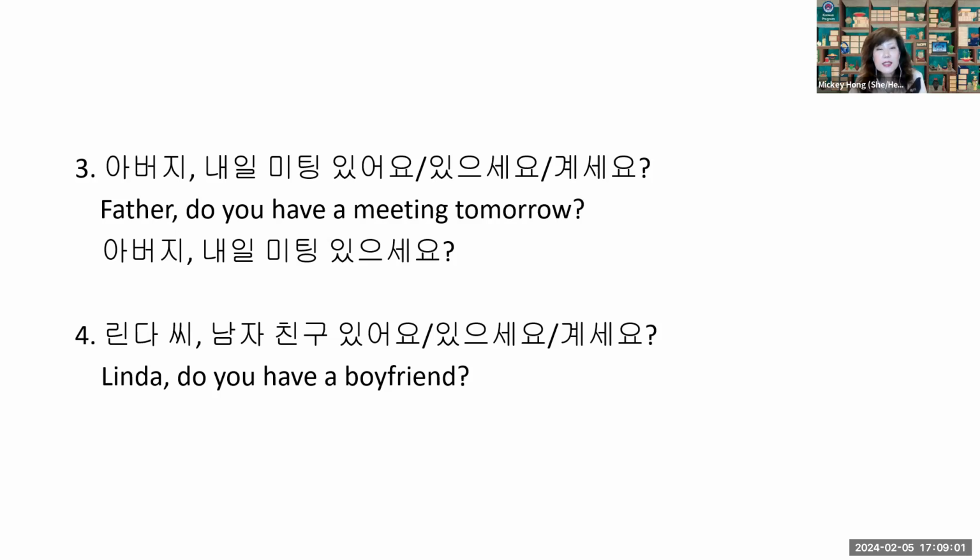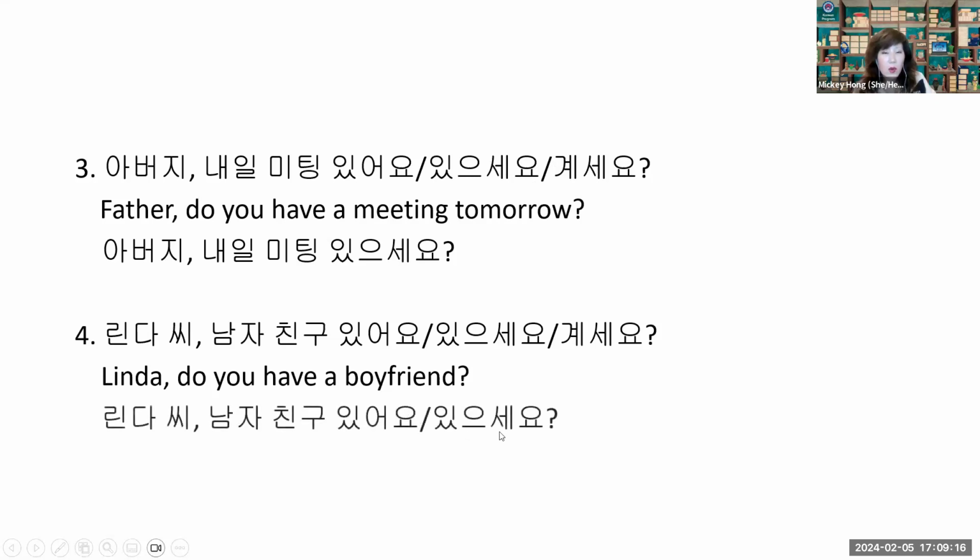린다 씨, 남자친구 있어요, 있으세요, 계세요? So Linda is somebody who is equal or younger, asking whether she has a boyfriend. And the possibilities are 있어요 or 있으세요. A little bit more polite if you ask with 있으세요.